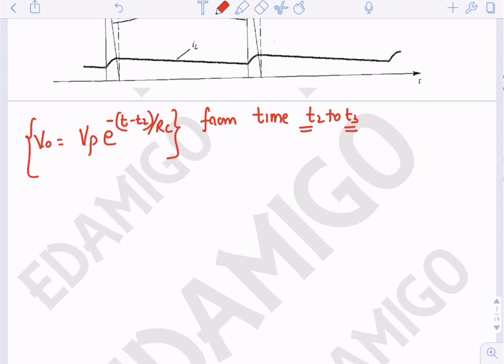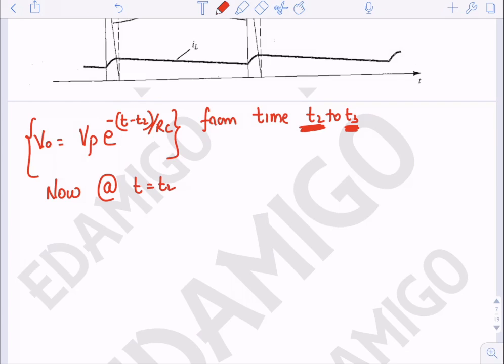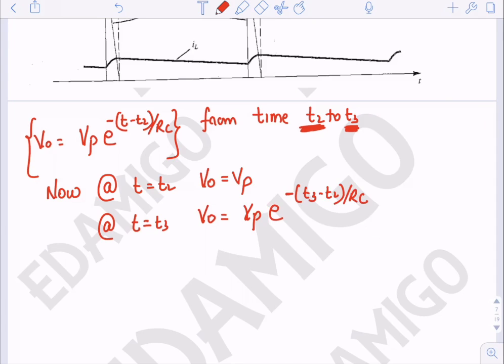Why is this so? Because here the time axis is starting from t2 to t3 only. Now at t equals t2, the V output is equal to Vp. At t equals t3, V output is equal to Vp e to power minus (t3 minus t2) divided by RC.